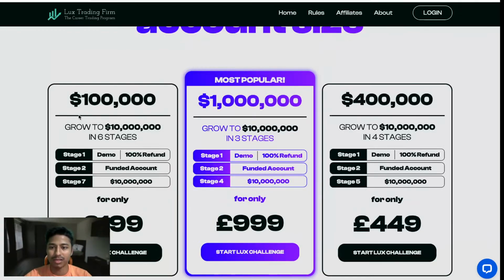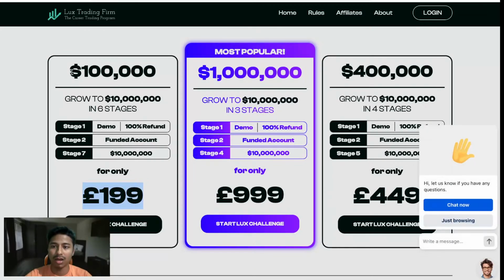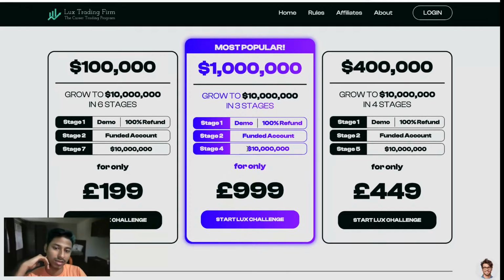So this prop is really exclusive. You can get a $100,000 account for £200, which you can't find anywhere else. No prop is giving you that. We have a $1 million account too for $1,000, which is cool. And the fun fact is that the max allocation is $10 million.